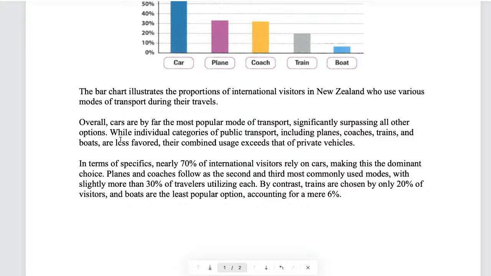Categories, what does that mean, guys? Category, what does that mean? That means group. Group.